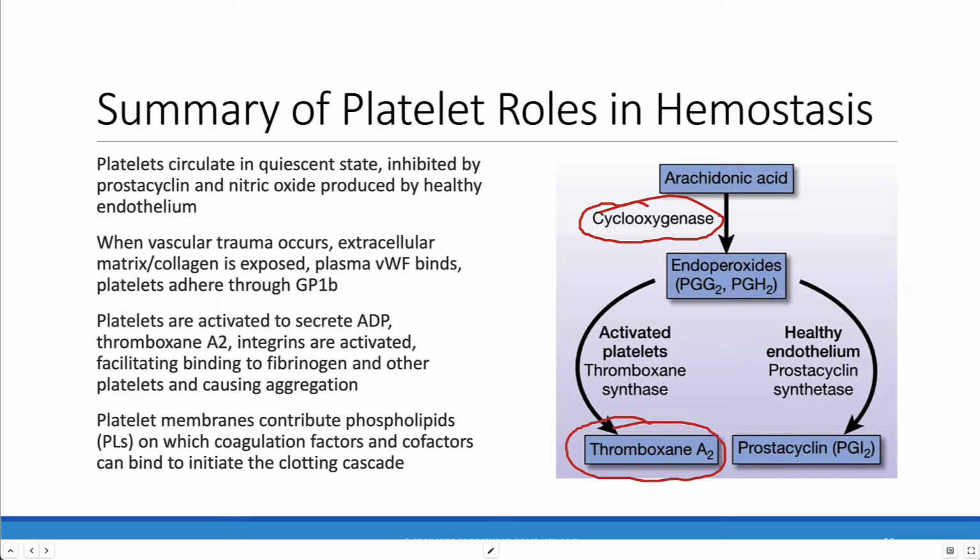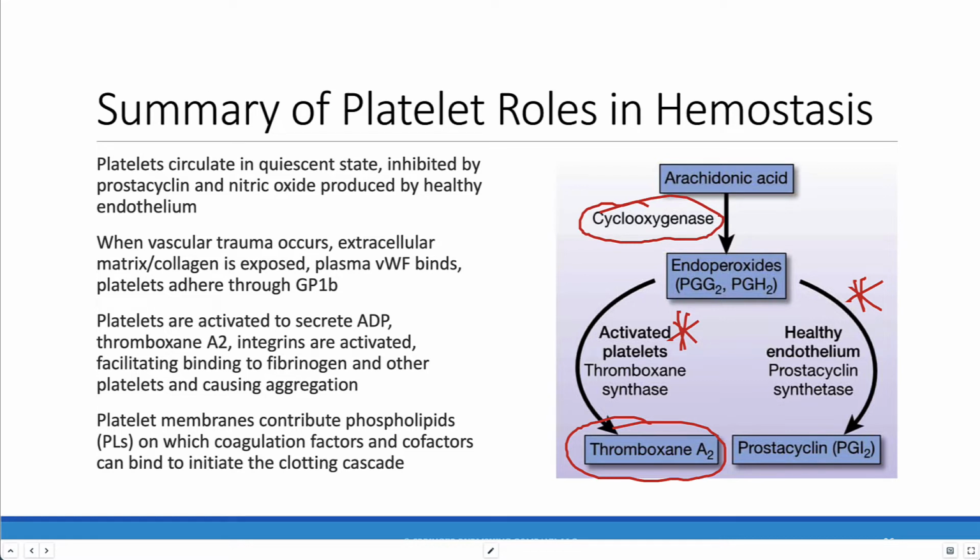And that is one of the things that activates platelets. And the thing that works against that is prostacyclin, PGI2, that is healthy endothelium, and that is responsible for vasomotion and nitric oxide production and all those other things.